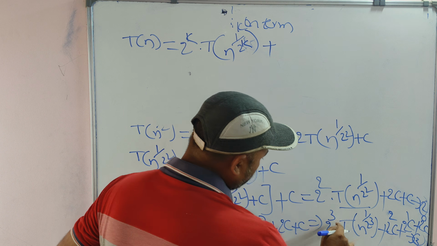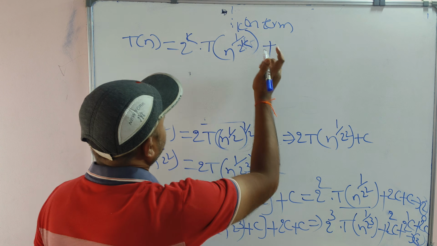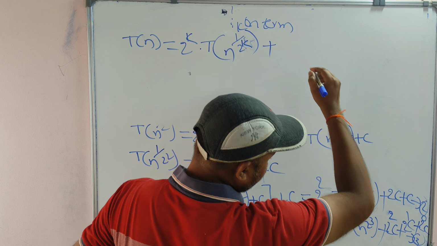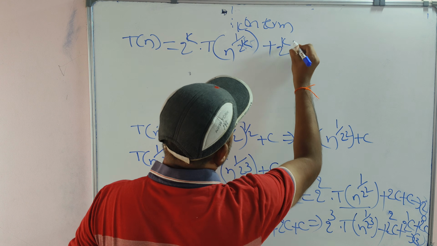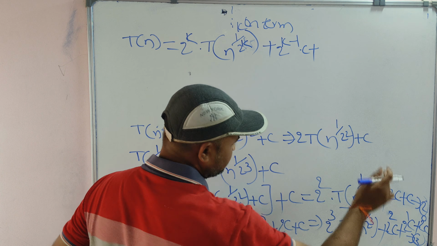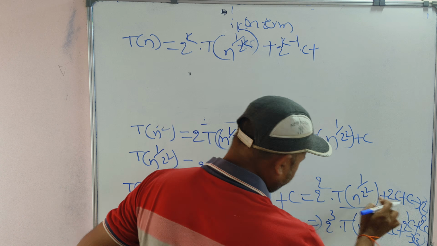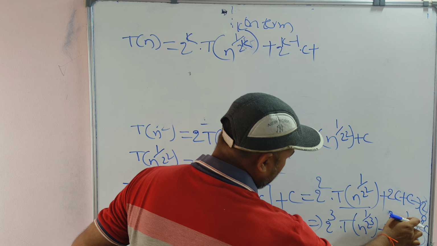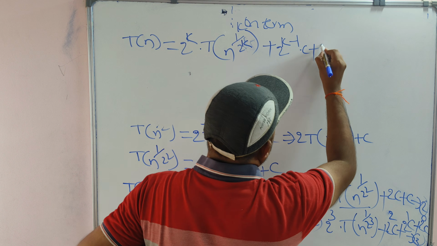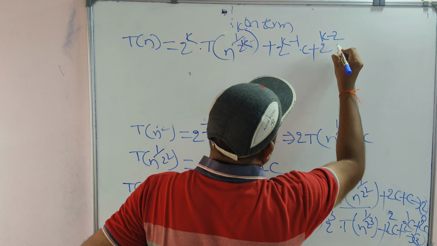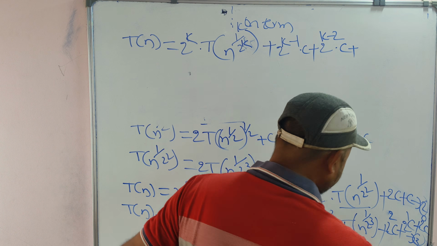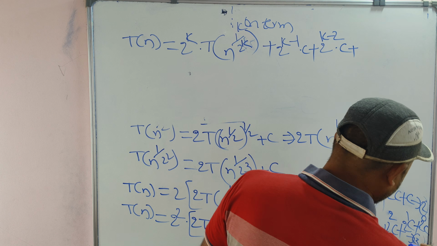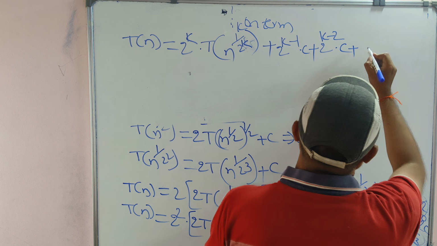So how to get 2 from 3? 3 minus 1. So likewise here we can do the subtraction. So 2 power k minus 1 into c plus, here we have 1, here we have 3. So how to get 1 from 3? By subtracting 2, so 2 power k minus 2 into c plus, and so on.